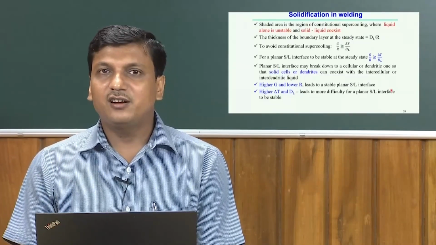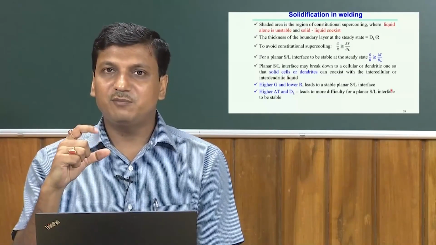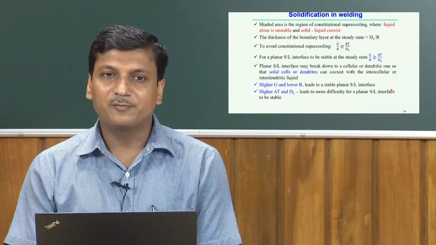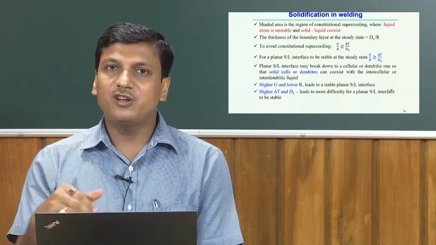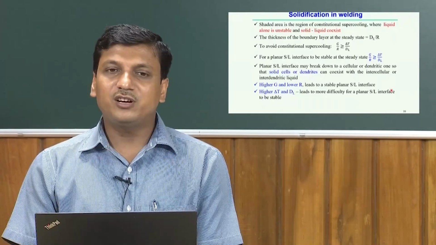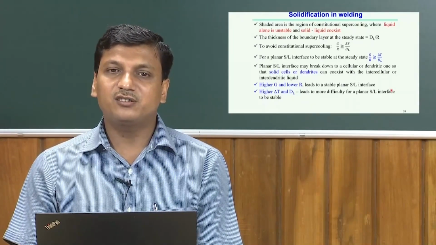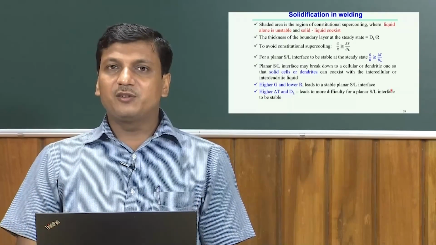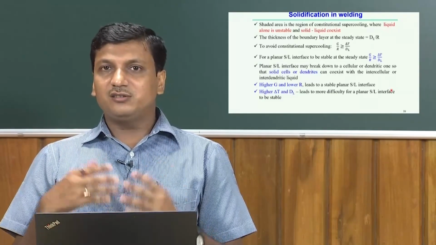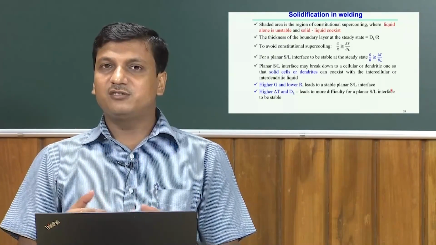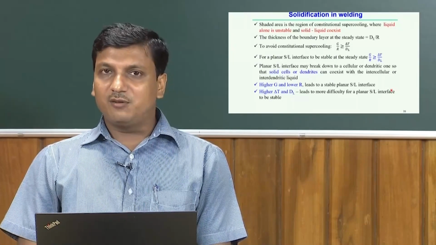On the other side, higher delta T means the degree of supercooling is very high, and more diffusivity dl makes it more difficult for the planar solid liquid interface to be stable. That breaks down the stability of the planar interface during the solidification process.